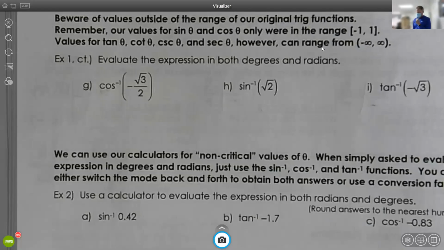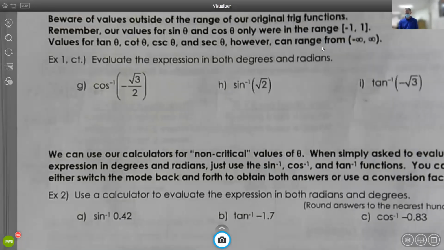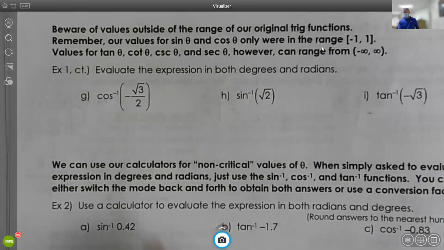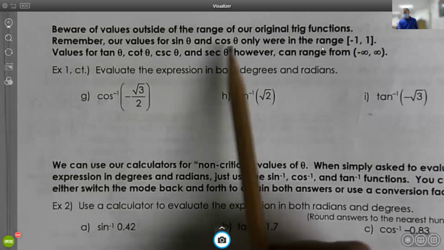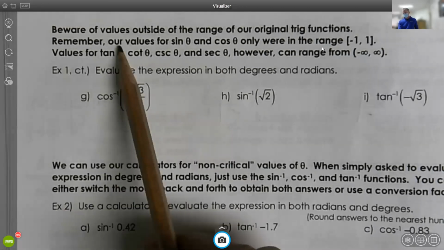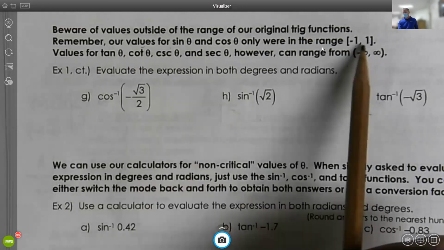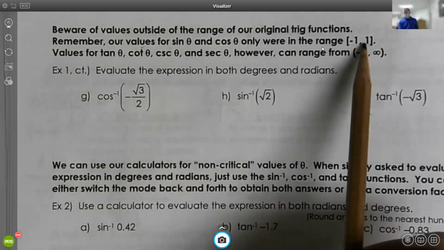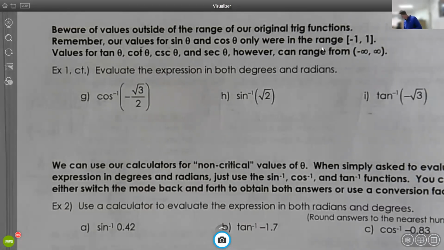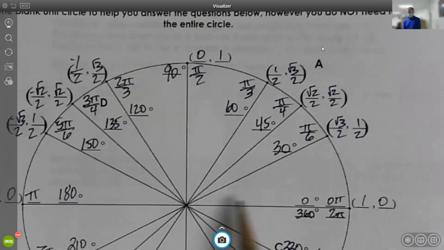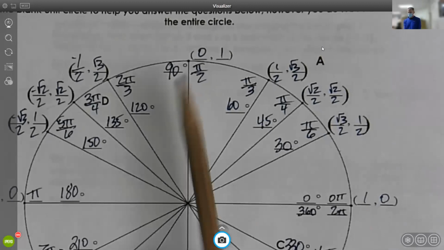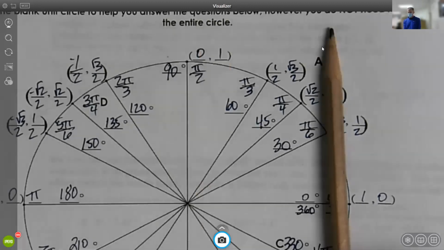So on the flip side, we're going to evaluate. It's really just more the same question. There's a few things in here that get us to think a little deeper. Beware of values outside the range. Remember, our values for sine and cosine were between -1 and 1. Sine and cosine, the x values can only go out to the edge of the circle. So your x values can only get as big as 1 because nothing else for the x value is bigger than here.